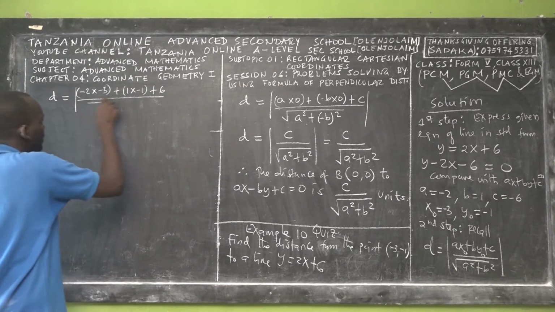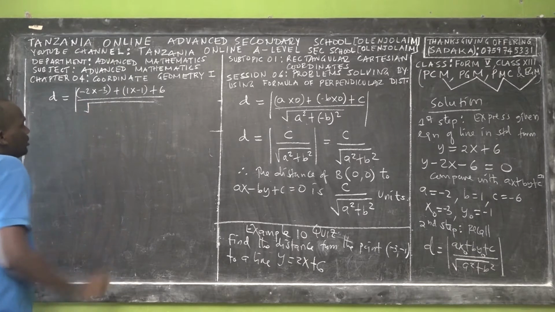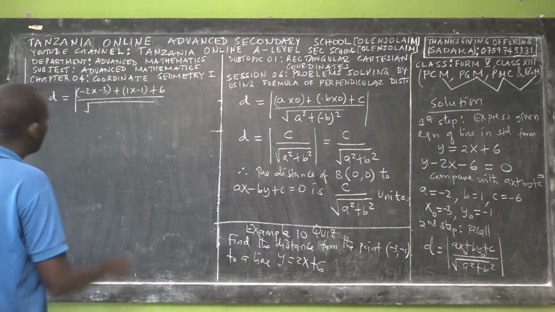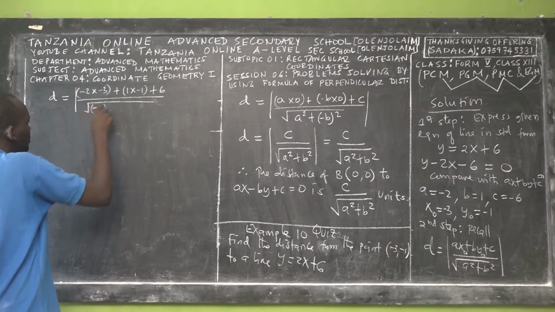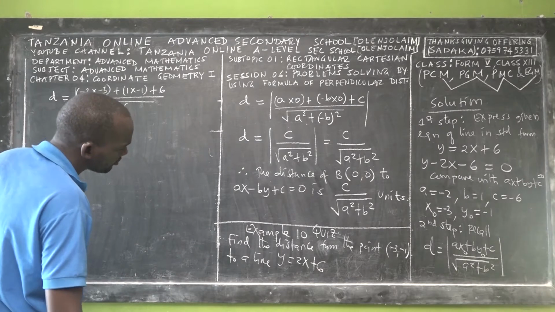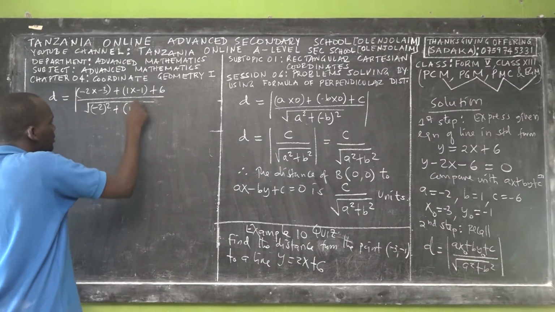Then we have to find the square root of this: a, which is -2, squared, plus b, which is 1, squared.